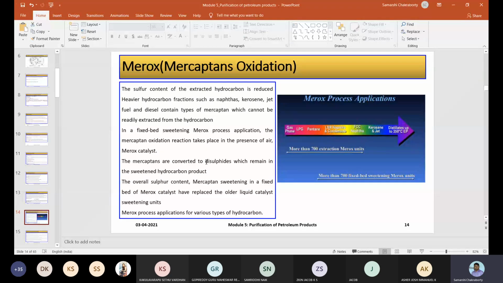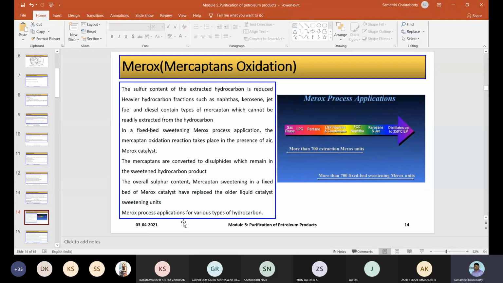The mercaptans are converted to disulfide, which remain in the sweetened hydrocarbon product. Overall, the mercaptans sweetened in a fixed bed Merox catalyst have replaced the older liquid catalyst sweetening units.